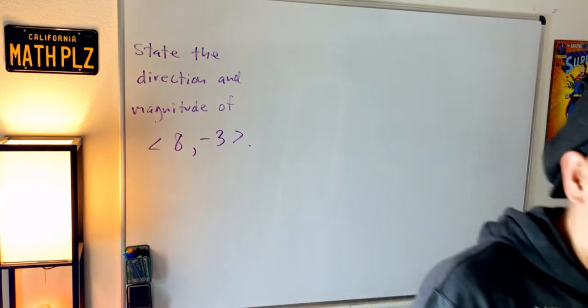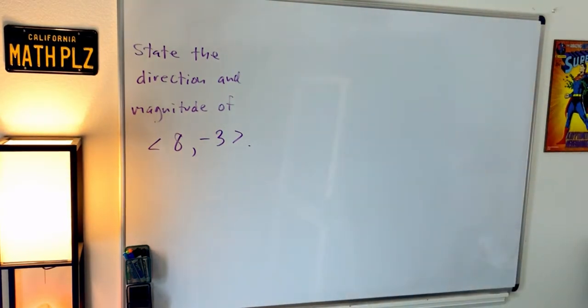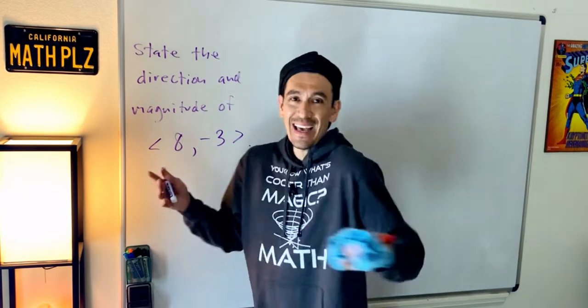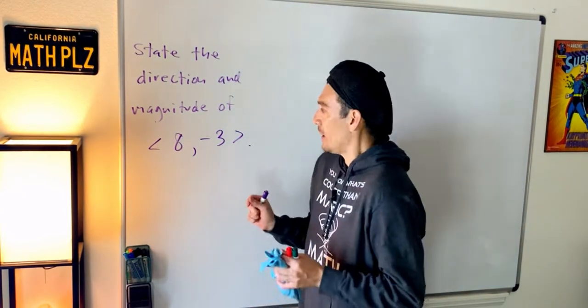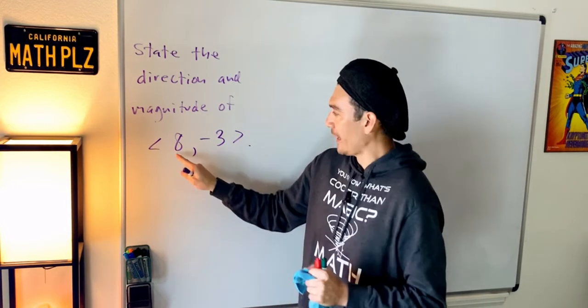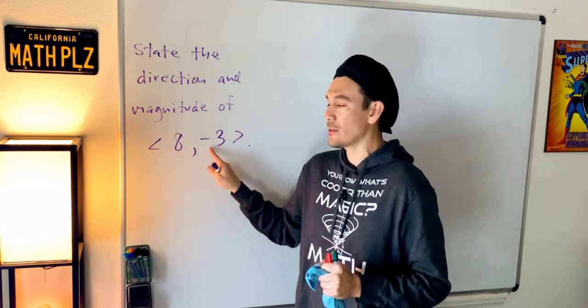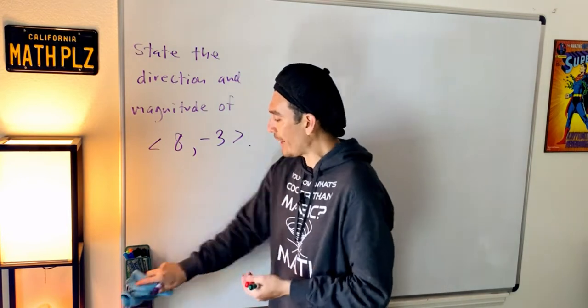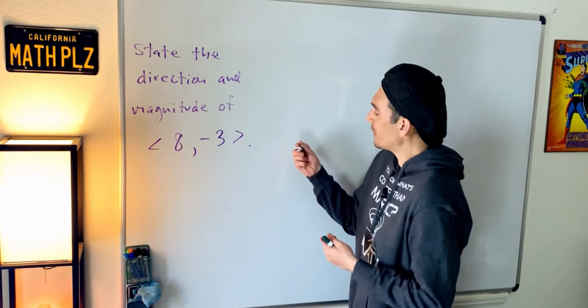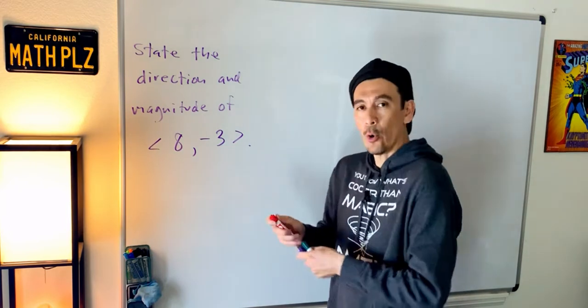How do I state the direction and the magnitude of this vector here? Well, I don't exactly know where I am originally. I don't know where I began, but I don't really have to know. All I know is that from wherever my current location is, I'm going to move 8 spaces to the right and then 3 spaces down. So why don't you actually go to the XY axis? And why don't we put a point at the origin?